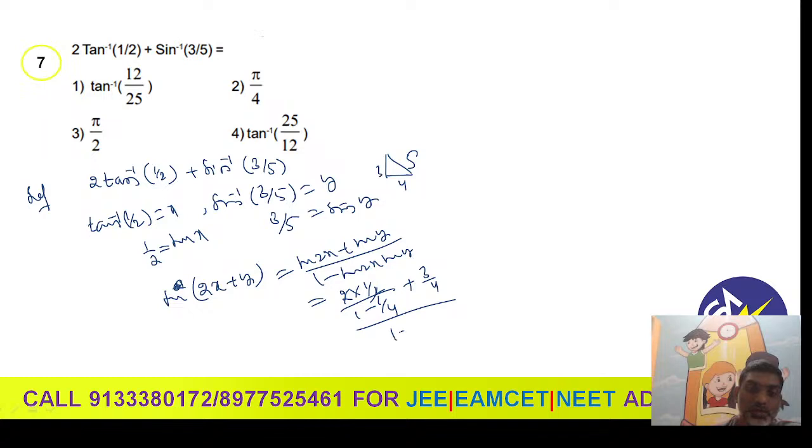This is 1 minus 3 by 4 into 4 by 3. Acha, infinity we are getting. That is the reason the answer is pi by 2.